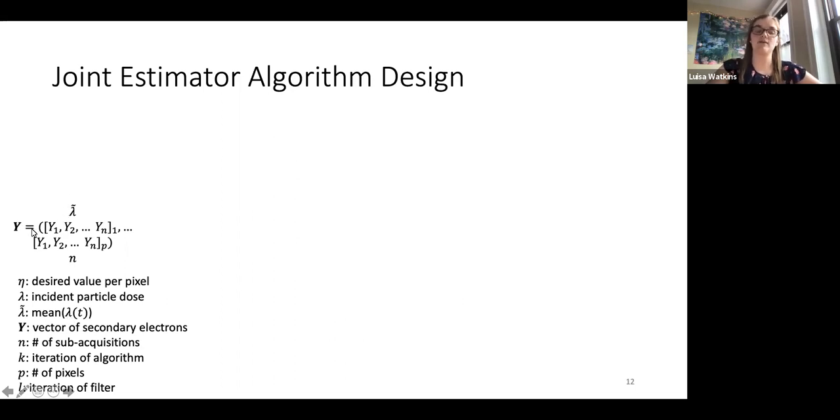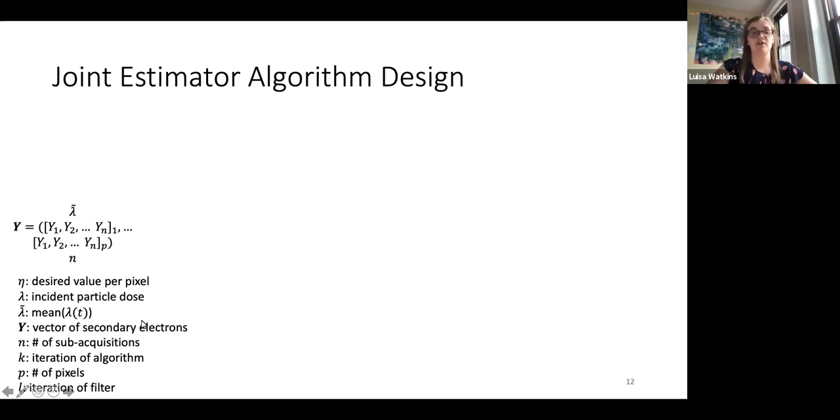Then we have Y, which, if you remember, is the detected secondary electrons. Since we're looking at an entire image, we actually have a matrix here because we have P pixels. But then for every pixel, because this is time resolved measurement, we have N sub-acquisitions. So this is an N by P matrix. And then of course we know how many sub-acquisitions.